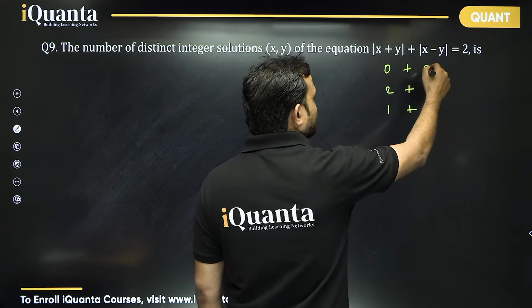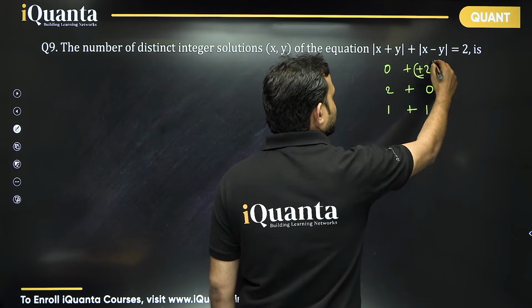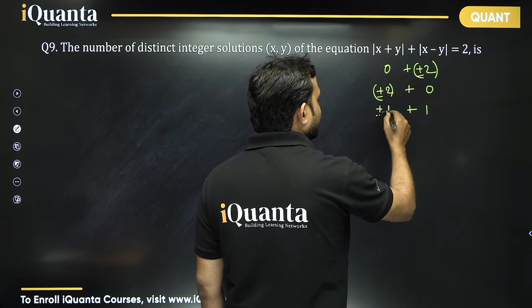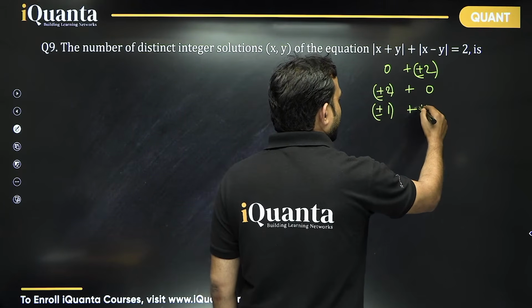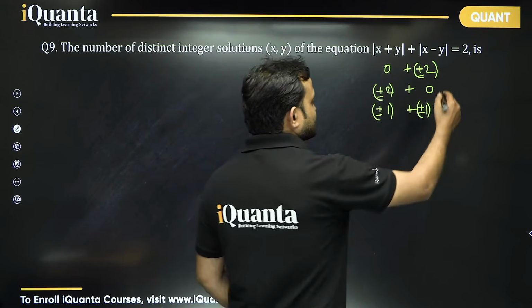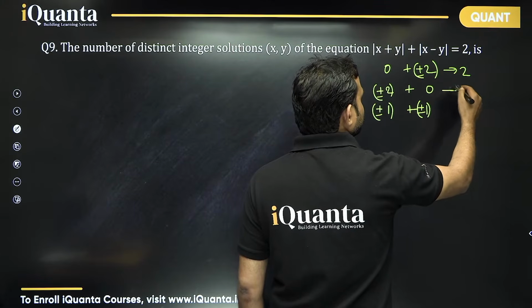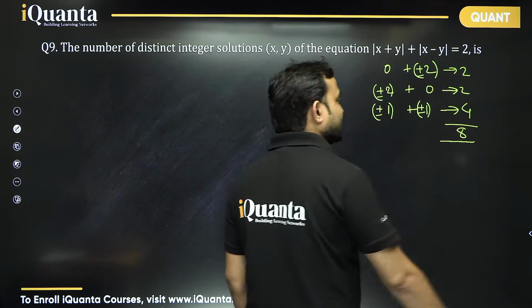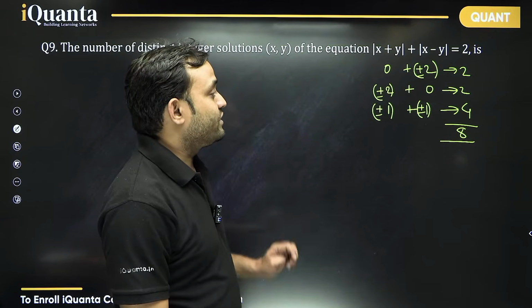Instead of 2, we can take plus minus 2 as well. And here it could be plus minus 1 and plus minus 1. So the total number of solutions will be 2 here, 2 here, and 4 here. Total number of solutions we are getting is 8. One way to solve it, right?